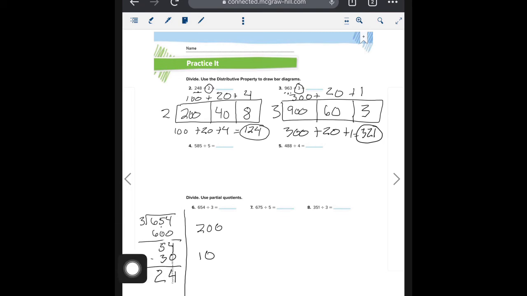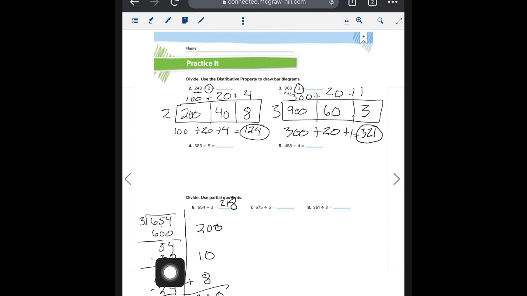Now how many times will 3 go into 24? 3 will go into 24 8 times. So 8 times 3 is 24, and that would be 0. Now they want me to add all of these together. So 200 plus 10 plus 8, I'll have 218. I know, kind of crazy, right?